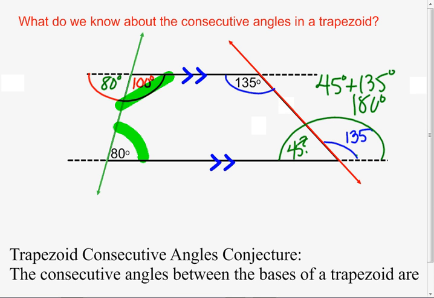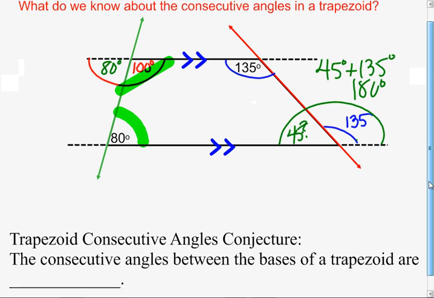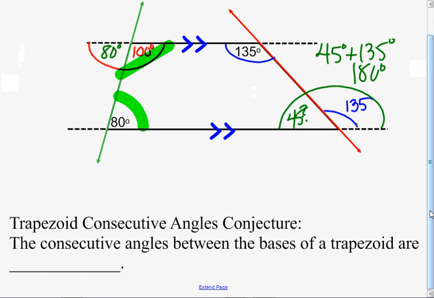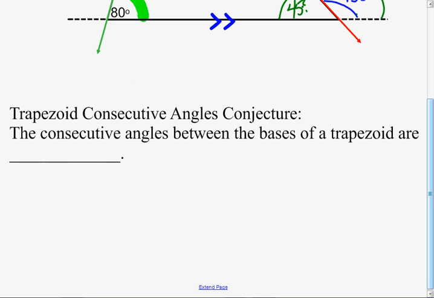What about the base angles? Do these have to be congruent? No. Are the base angles supplementary? Not necessarily. So it's the one upper base angle with the lower base angle. So they're the consecutive angles we're using, the upper and the lower. So the consecutive angles between the bases of the trapezoid are supplementary.